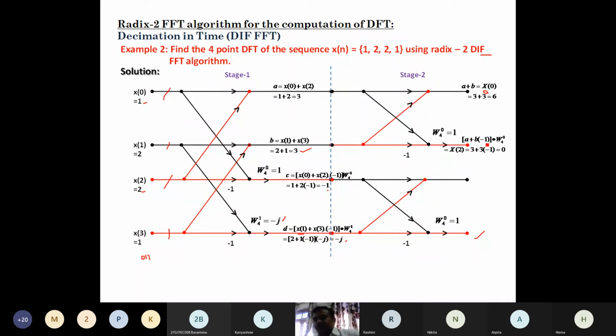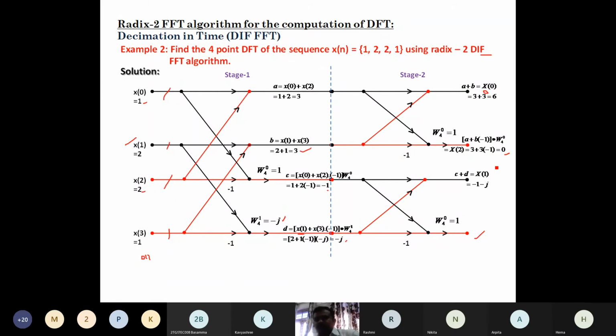So A plus B into minus 1, and the overall sum is multiplied with the twiddle factor W4 of 0. So which is nothing but what? X2. So what is the answer? It is X of 1, reversed binary, so it is X2, which is equal to 3 plus 3 into minus 1, times W4 of 0, which is 1. So the overall answer is 0.